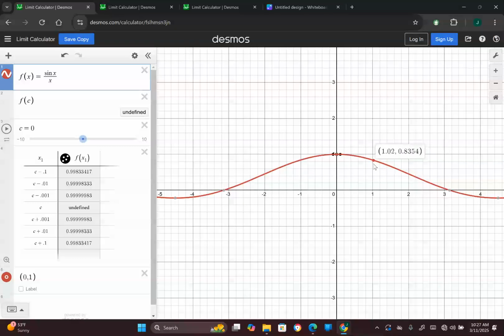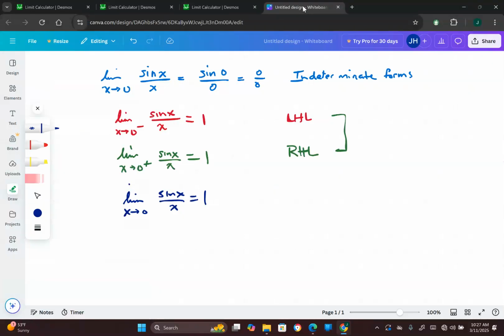If I approach 0 from the right-hand side, it looks to me like all of those y values are getting closer and closer and closer to 1. So it does confirm what we did in the table. The left-hand limit approaches 1, the right-hand limit approaches 1, and the two-sided limit approaches 1.